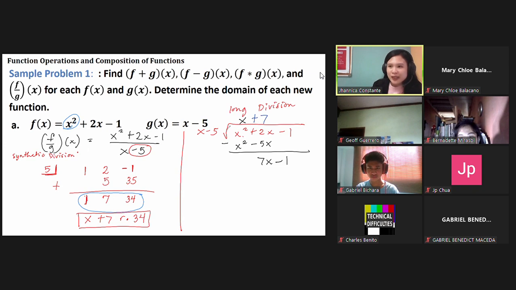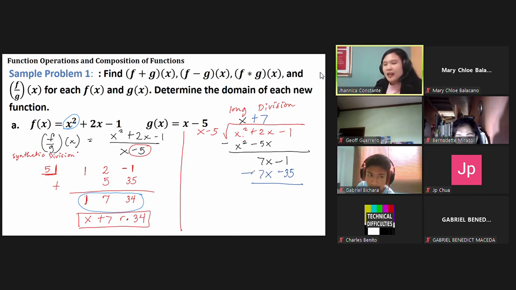So 7 times x is equal to 7x. 7 times negative 5 is equal to negative 35. Subtract. So 7x minus 7x is equal to 0. Negative 1 minus negative 35 is equal to positive 34.